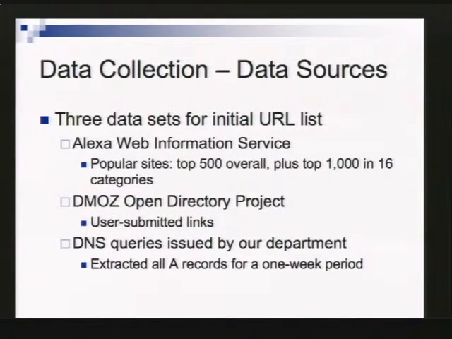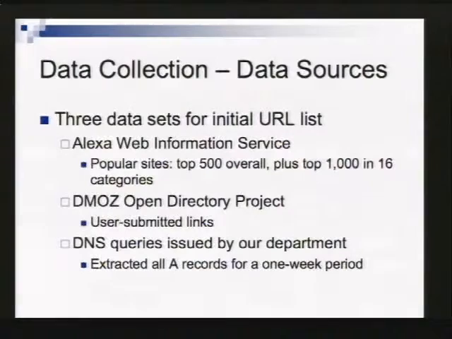So we used 3 initial URL lists because we wanted to traverse, it's a small fraction of the web for how big the web is, but we wanted to not do a few hundred or a few thousand pages. So we traversed a fairly large data set here. So Alexa is a web information service, and you can actually go to Alexa to find out what are the top 500 pages that are most popular.